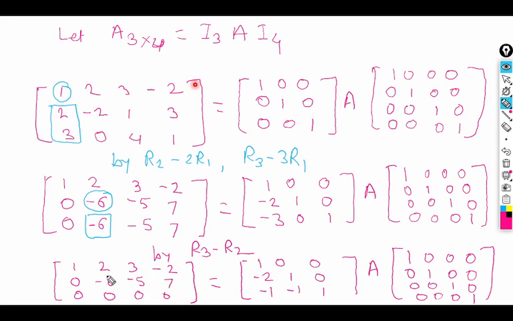Remember, our aim is to make the LHS, this matrix, the left hand side matrix, to the normal form. Then only we get a PAQ form. So here we are going to focus on A11, and using a column transformation we will make the off diagonal zero. We have to make these three zeros using the column transformation. So the next step I will write here on the top side.